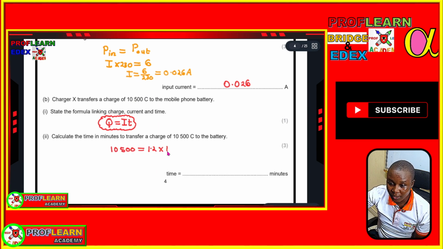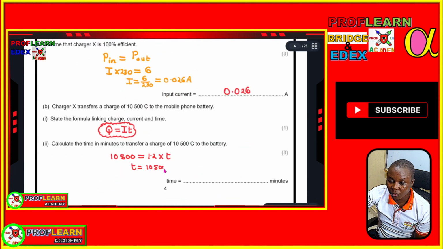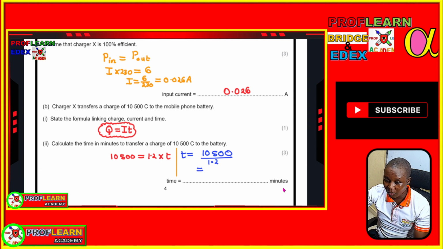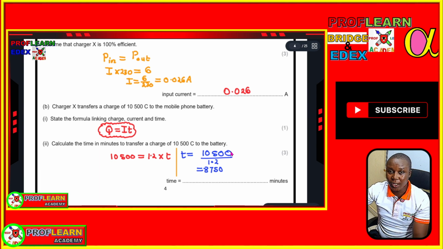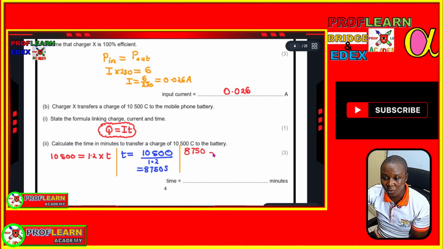We can see here we are told the time in minutes, so we need to use the current there. That was the output. If we divide by that, we get 10,500 divided by 1.2, which becomes 8750. But since we were asked to work out our answer in minutes, we have to divide by 60, so that we can convert to the unit that is expected.